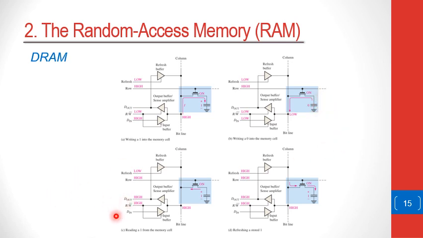In the case of a reading operation, we can look at examples C and D. In example C, if a 1 is stored, the row select here will be high, and once that is high, whatever charge is inside the capacitor will conduct out into the bit line, and this will be read at the data output as a 1.